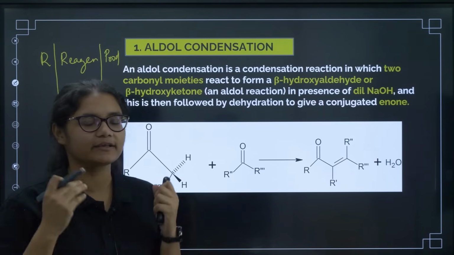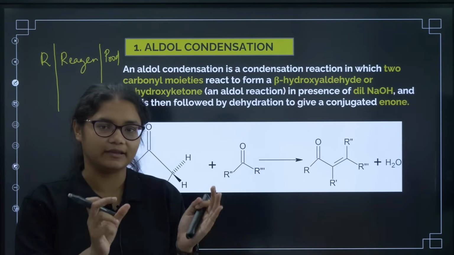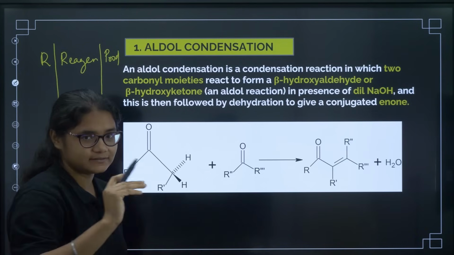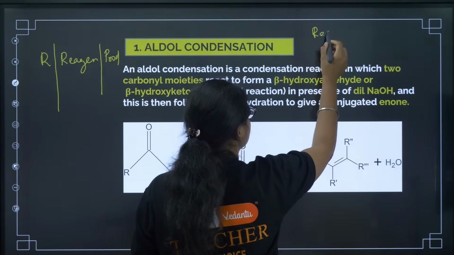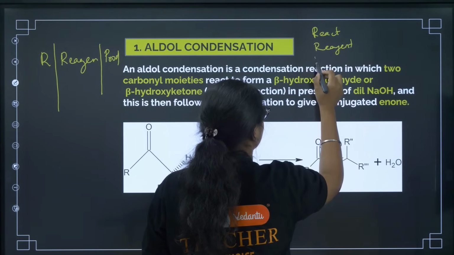Whenever you revise, suppose aldol condensation is there, you should revise the reactant, reagent and product. When you write, you need not write this sentence for note making. For note making, you only write aldol condensation, reactant, then reagent and then product.